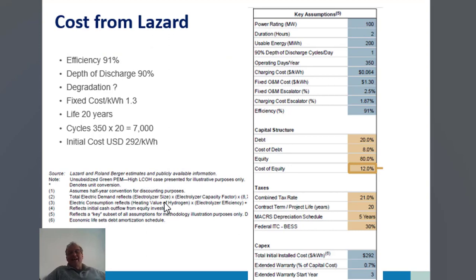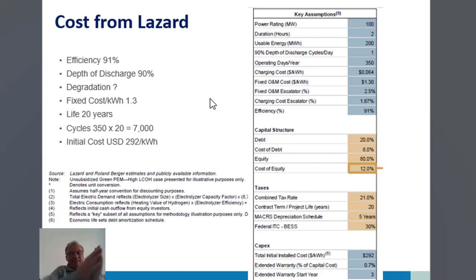They get it. I've made that other video talking about them, but they have a round trip efficiency of 91%. They have a depth of discharge or a minimum state of charge of 90%. And then they don't show what the degradation is. They claim they've done that.